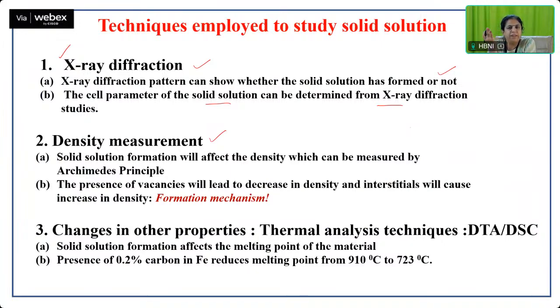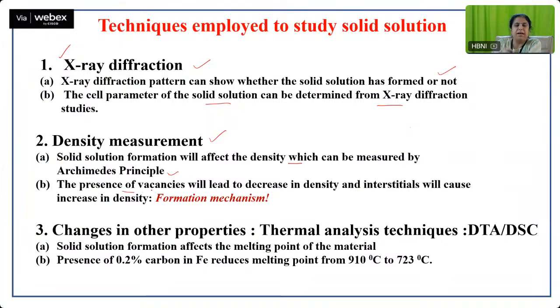So this is also one very important parameter that can help you to study the solid solution. Solid solution formation will affect the density, and this can be measured by Archimedes principle. Density kits are available in many labs that can be used to measure that. We'll come to that in the next slide.